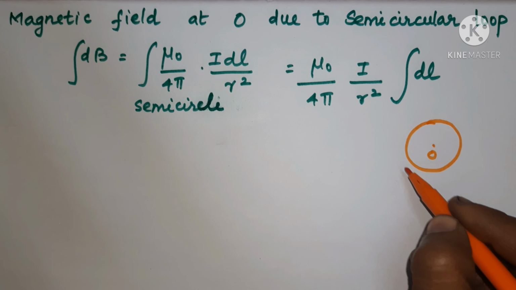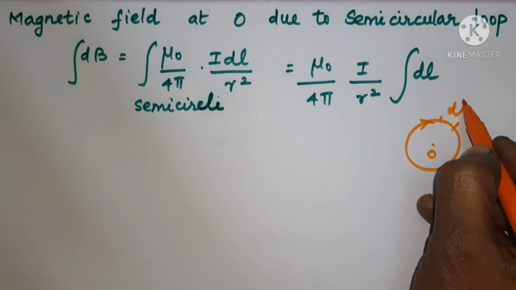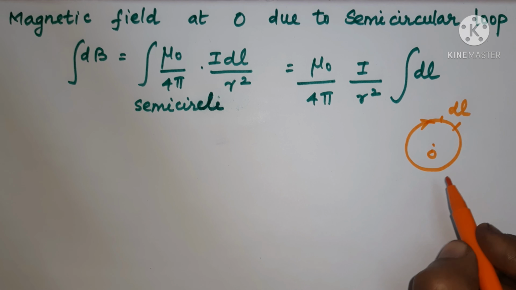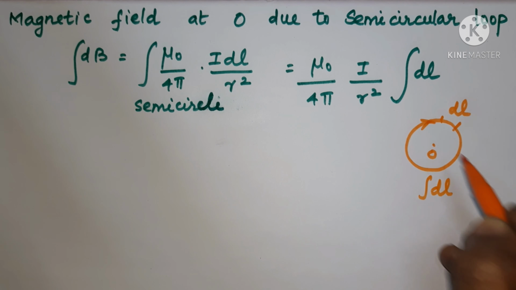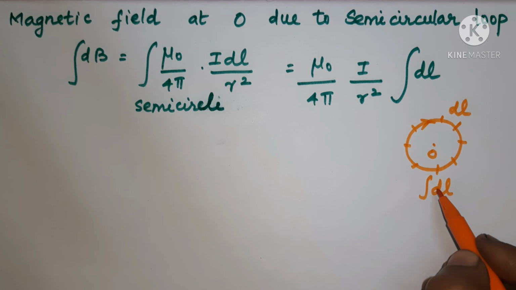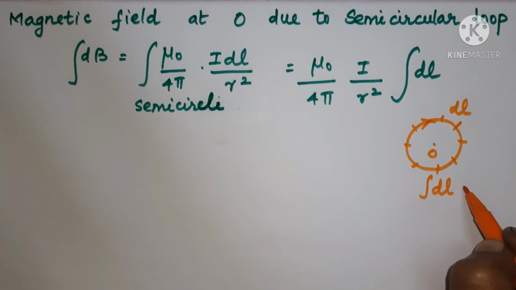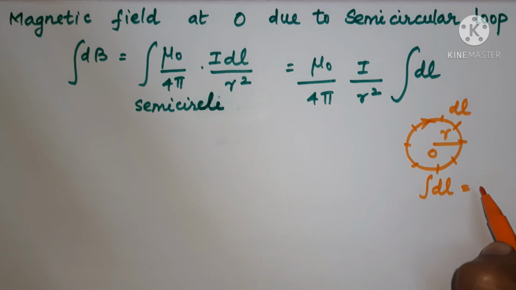Suppose we consider a circular loop here and a small element dl, and if we want to find integration of dl over this path, all the elements together, we can find integration of dl. That is, suppose this is having the radius r, then the circumference of the circle is 2 pi r.